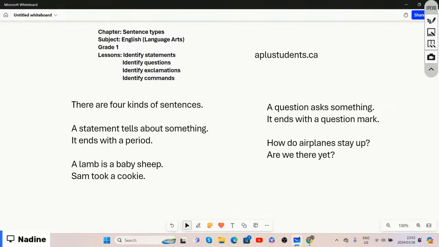All right, so our chapter is sentence types. Our subject is English, which is language arts. Grade 1.